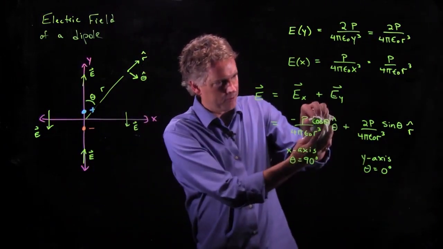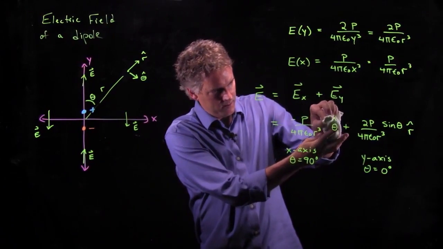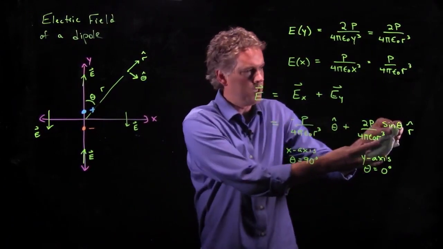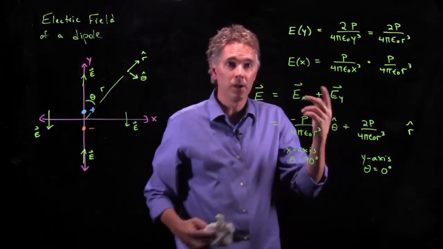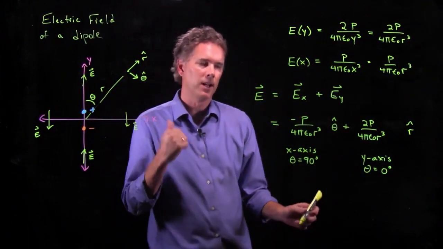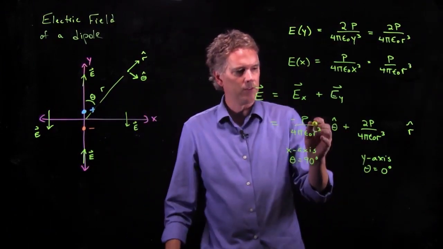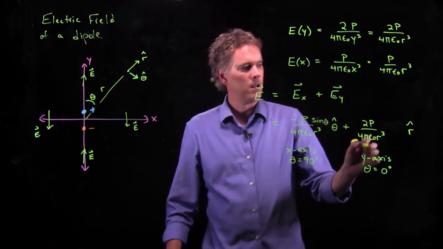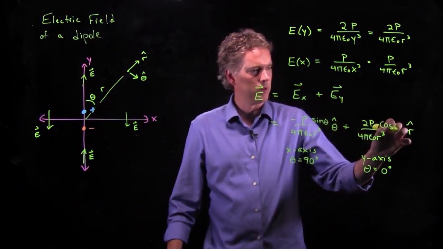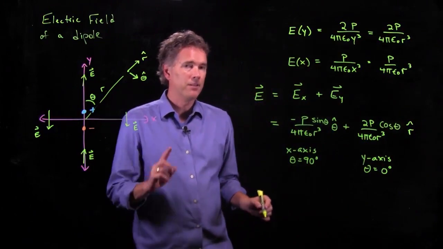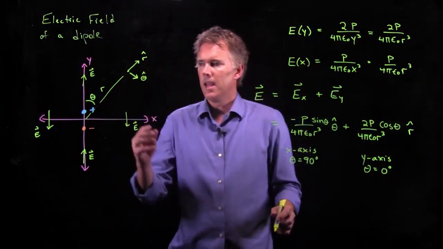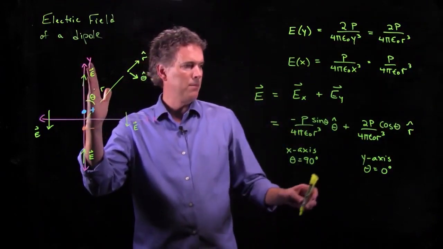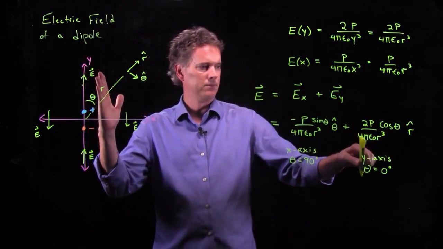And this is a good exercise, right? You try it, you make a mistake, but you keep going, and when you double check yourself, I realized I made a mistake. This is in fact the one that should be sine. This one should be cosine. And now let's see if it works out in our limits. If theta equals 0, I'm only going to keep this one.